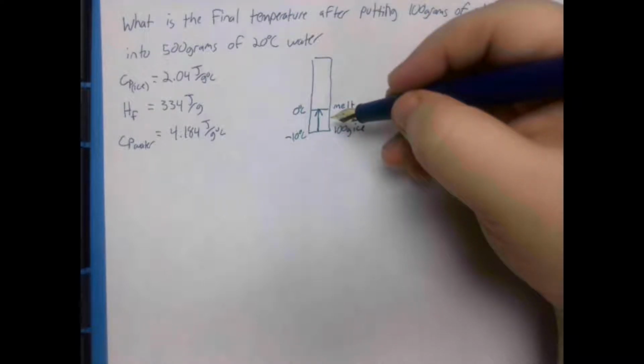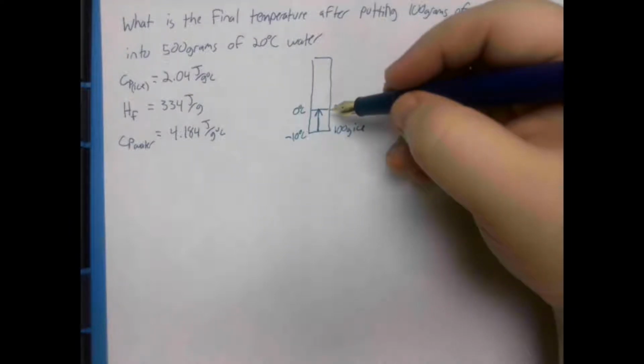For example, if you put ice that's at negative 200 degrees Fahrenheit, so if you go to Antarctica and you put some ice that's super, super cold into some water, then the water will freeze because the energy required to heat up the ice will make it so the final temperature is below 0. So in this case, we're going to have to guess what happens.